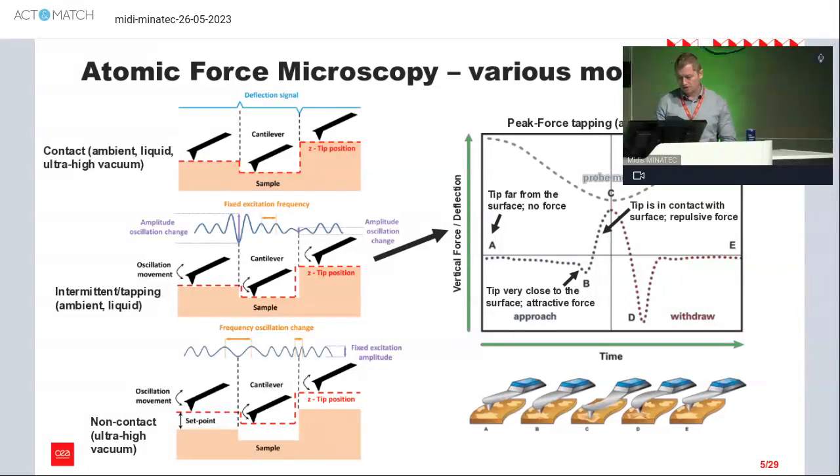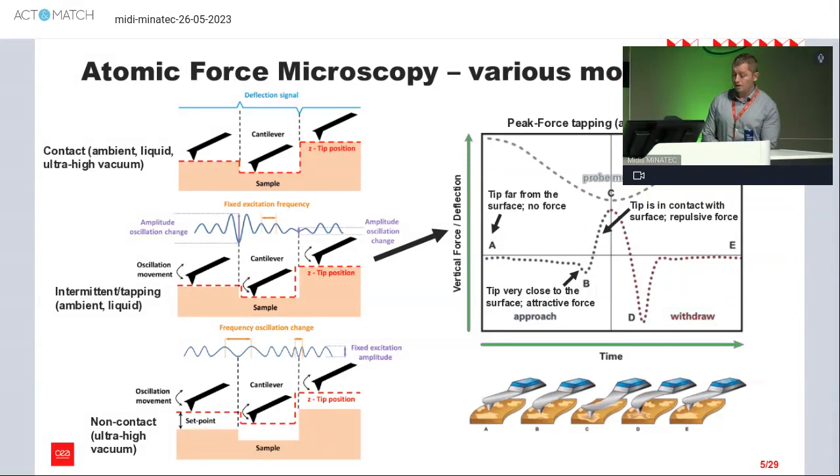So here, for example, we have the movement of the tip down and up, and we have the deflection of the cantilever, and we can choose a set point to keep constant during the scanning, to control the vertical force, and then to obtain the image of the topography.